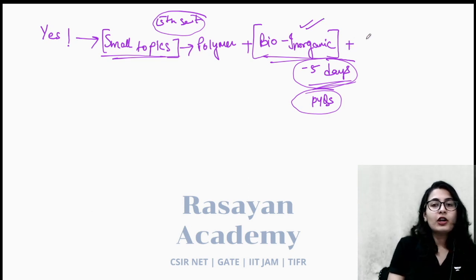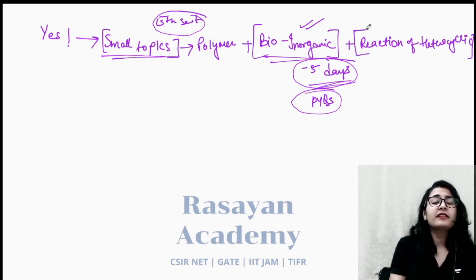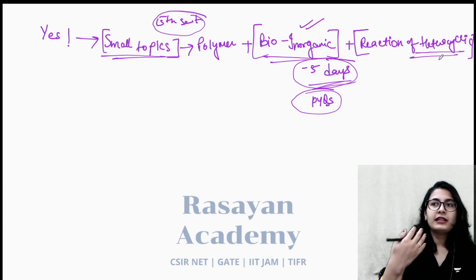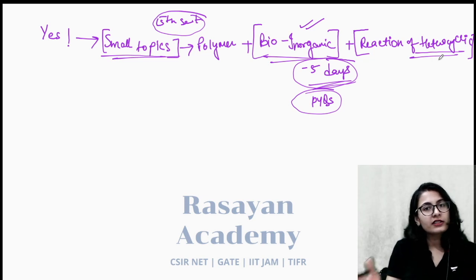Another small topic is reactions of heterocyclic chemistry. I'm not talking about the synthesis of heterocyclic compounds. That is huge and is going to take you time. I'm talking about the reactions: the electrophilic aromatic substitution, the nucleophilic aromatic substitution, benzyne formation, reduction, oxidation, all of those reactions of heterocycles.